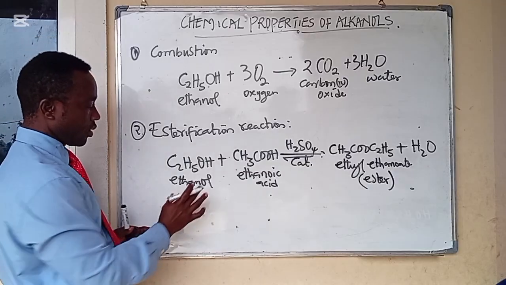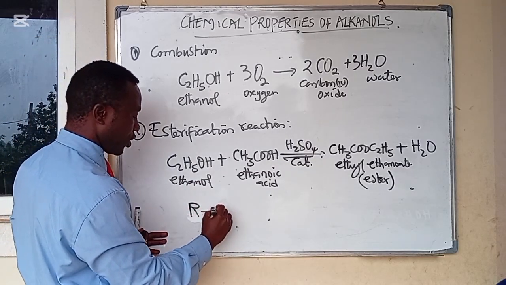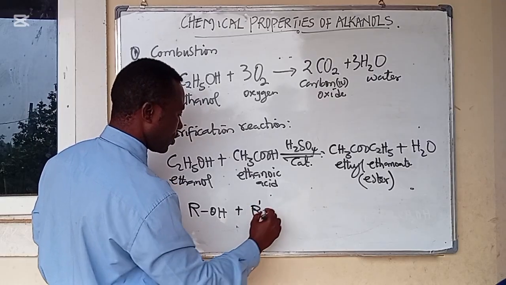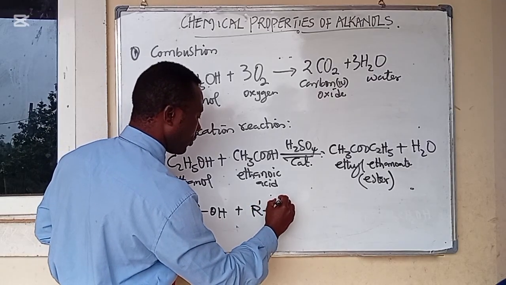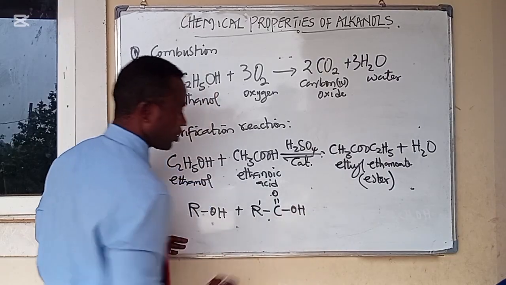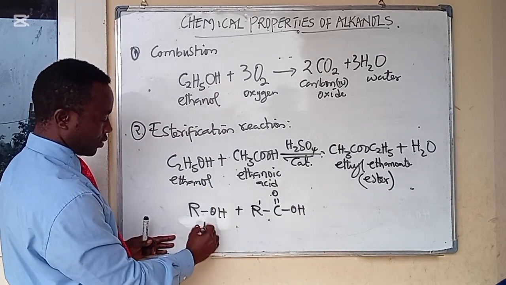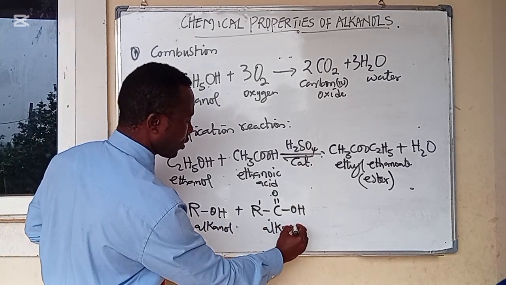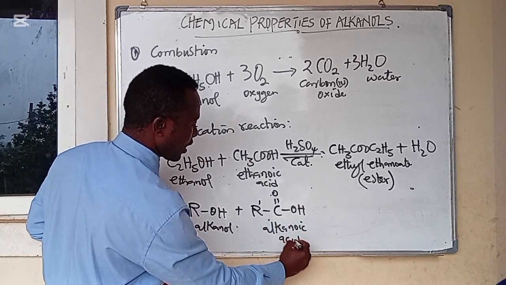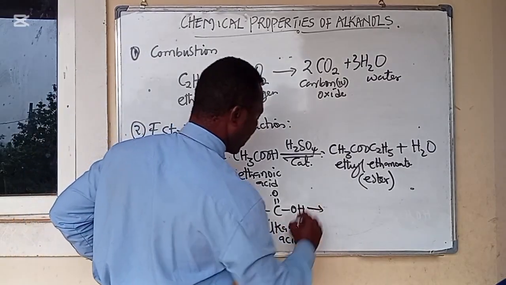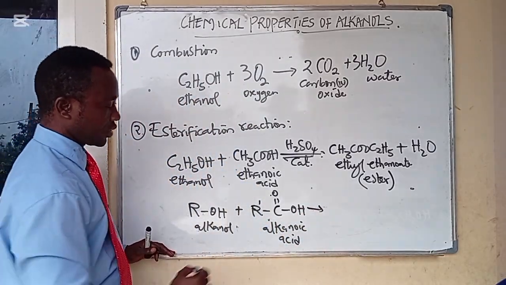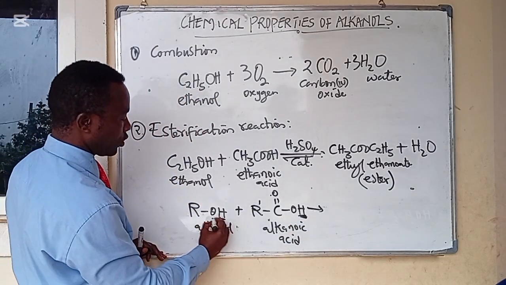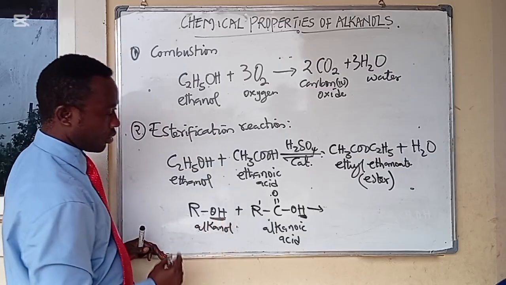So look at it. If we have ROH reacting with R prime C double bond O, OH, this is what? Alkanol, and this is what? Alkanoic acid. So when alkanol reacts with alkanoic acid, what happens? The hydrogen of the acid will go, while the OH of the alkanol will go.